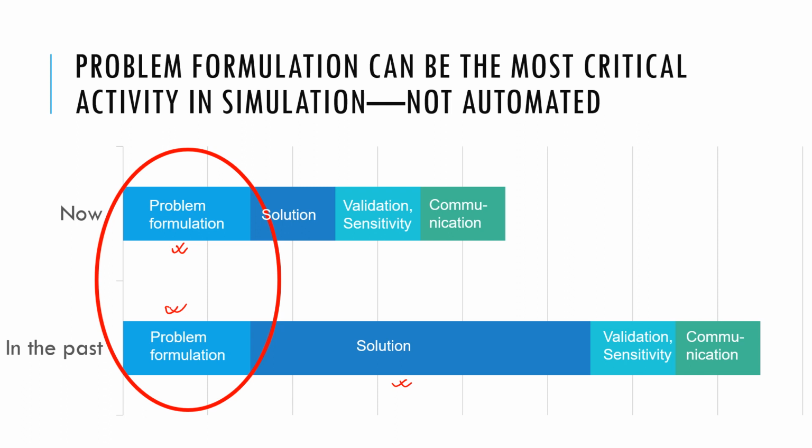Now, problem formulation is easier today because of the different modeling frameworks that have already been established, but as we end up doing more and more complex problems relative to the past, they end up taking about the same time and effort.